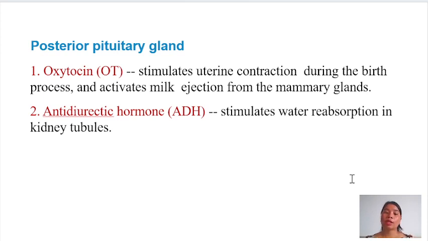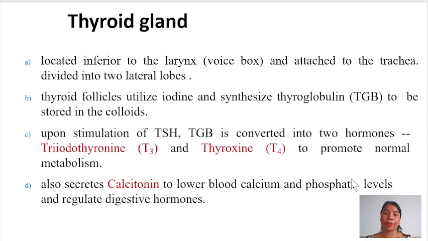So oxytocin is one of the important hormones during the process of giving birth and also during the process of milk secretion. Then antidiuretic hormone stimulates water reabsorption in the kidney tubules. In the absence of antidiuretic hormone, the reabsorption of water and of electrolytes will not be happening.